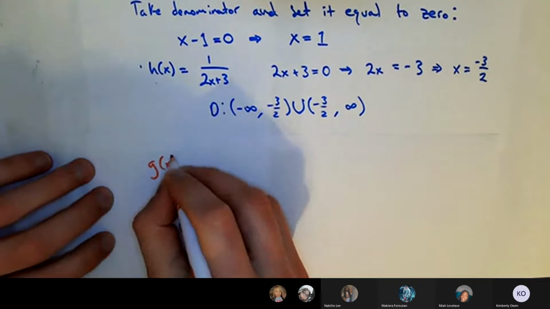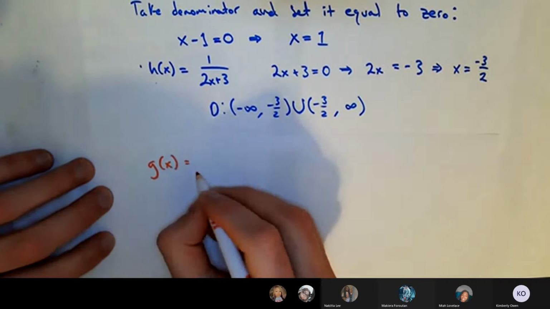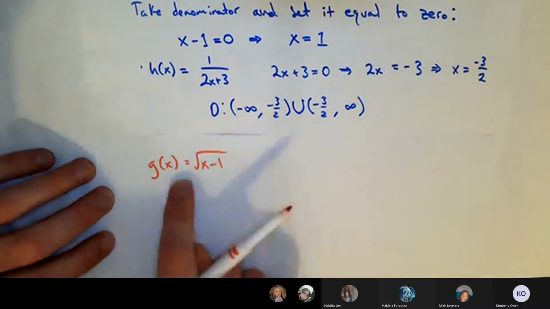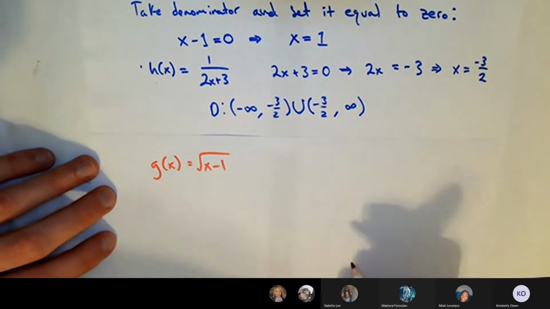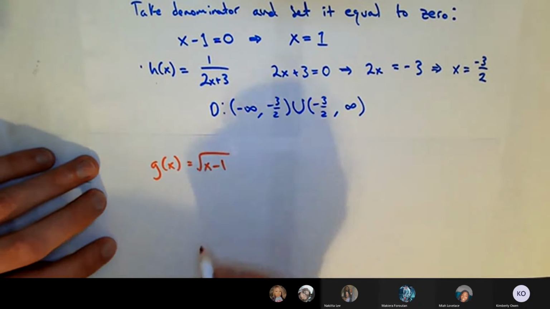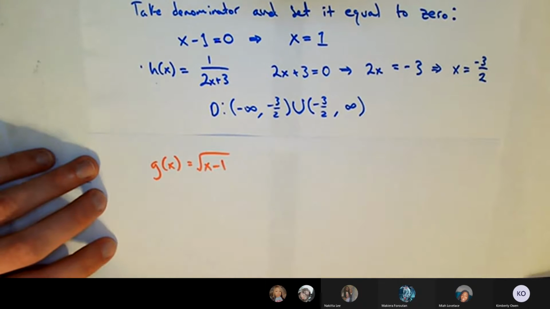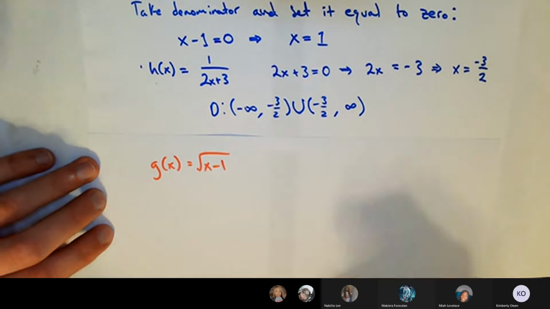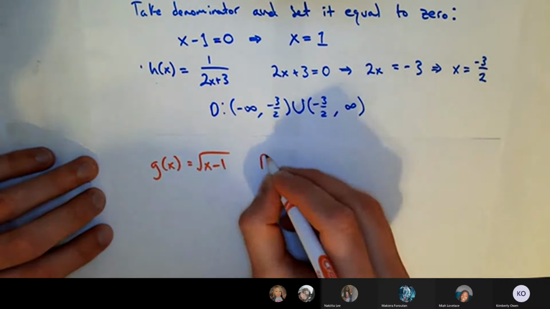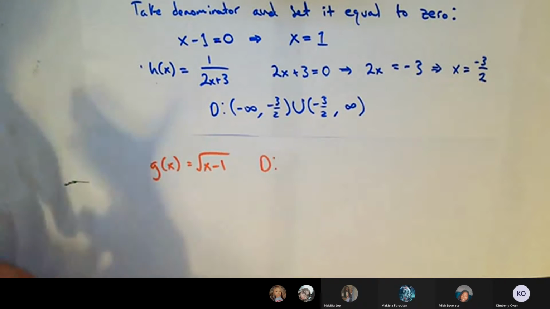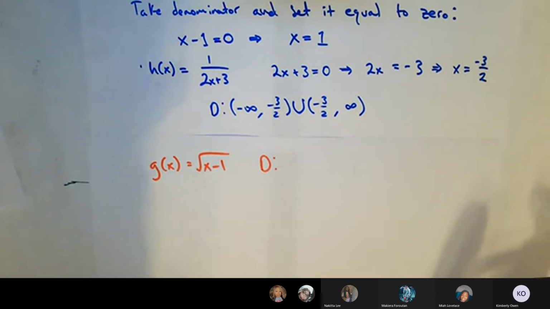G of x equals, just in case you can't see it anymore, square root of x minus 1. We discovered that the domain for a function that has x under a square root is easier to write down because it's an entire section of the number line.